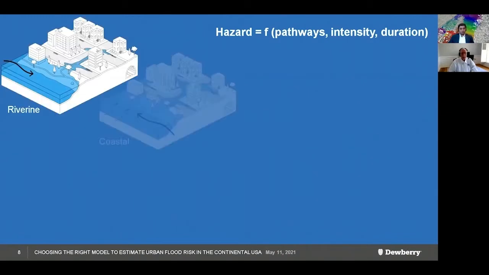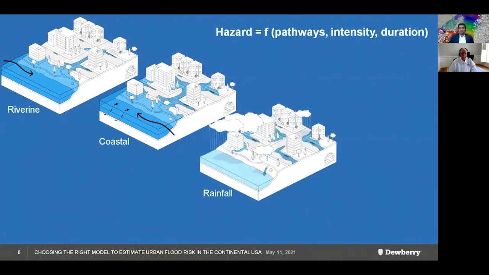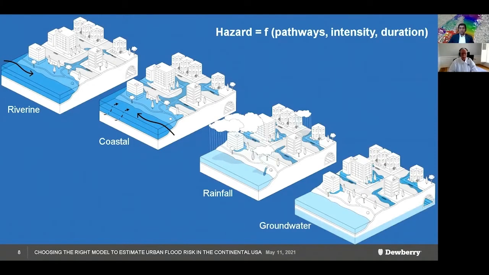Common pathways are riverine, coastal, which includes storm surge, waves, wind-driven tides, and rainfall, which is cloudburst and pluvial, and also groundwater-based. So urban flooding, as we see, is typically a result of one or more of these factors that happen individually or in combination with others.